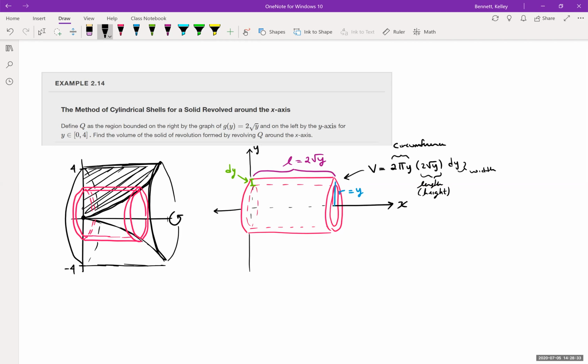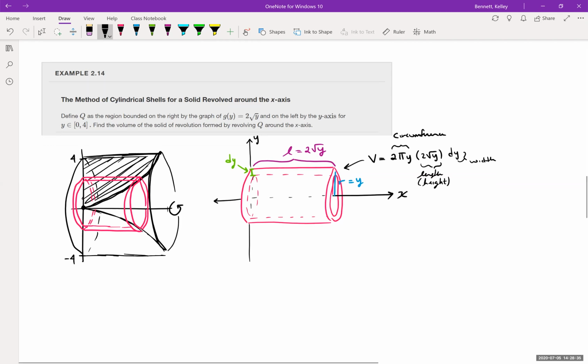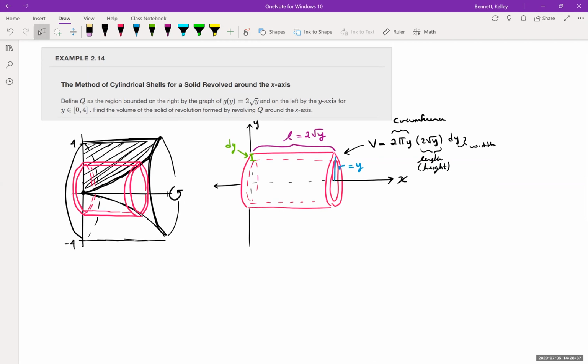Now we're going to add them all up in our fancy way that we call integration. So where are we integrating over? It's changed a little bit. Before we were doing it along the x-axis, and now we're actually along the y-axis. As we're really close to the origin, we're going to have narrow, short little cylinders.